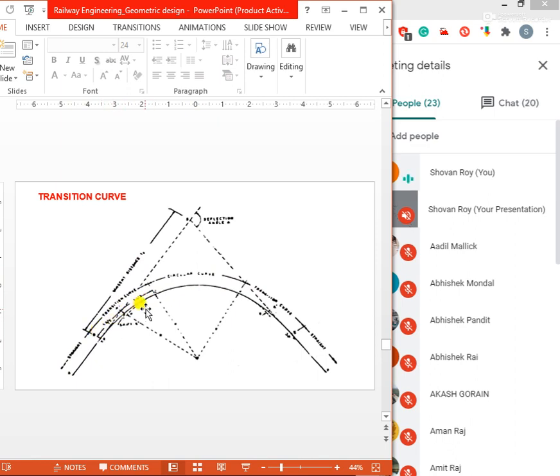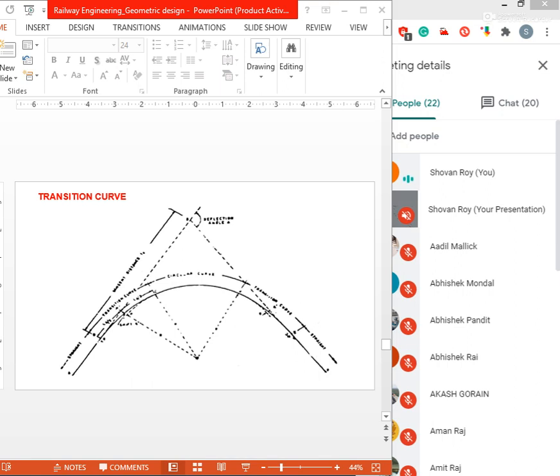Why is this transition curve needed? Lots of things are involved in providing a transition curve between the straight portion and the circular portion in your railway track as well as in your roadway. What are the needs for introducing this transition curve between the circular curve and the straight portion of your track?